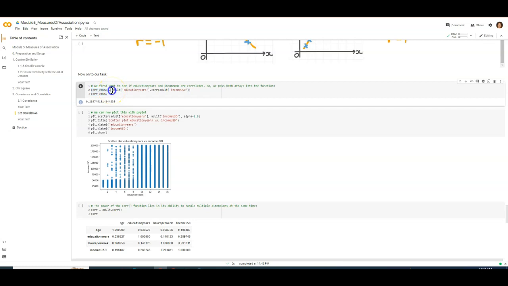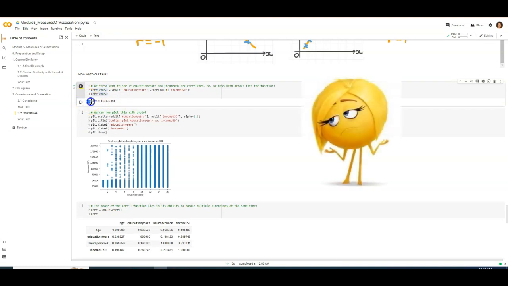We're going to say, well, look at adult education years dot correlate that with adult income USD. And then we're looking at the outcome of that correlation, and it is 0.289745, and so on and so on, which tells me it is a very, very weak positive correlation.